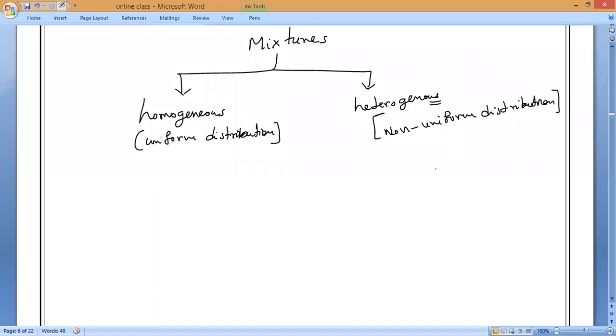Now, for a real life example, try to understand. For example, I give a task to Hari: prepare 10 glasses of sugar cane juice, or else I can take lemon juice. You prepared one big beaker of sugar solution.